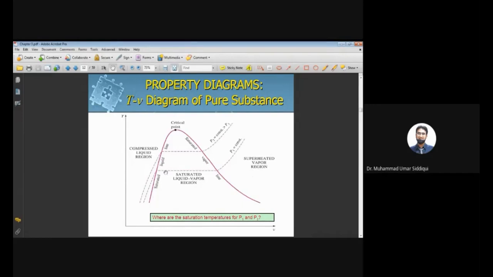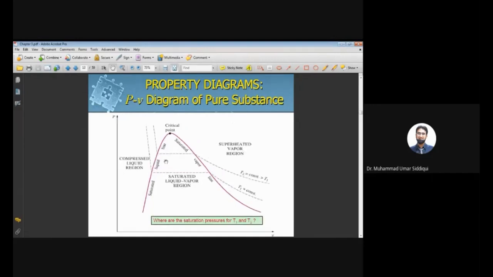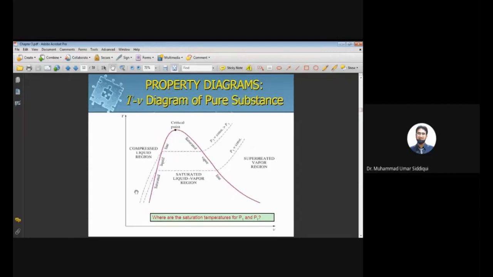Then we also discussed that this is a TV diagram. We can also have a PV diagram, and we said that temperature and pressure have an opposite relationship with respect to the specific volume. So the TV diagram and the PV diagram are very similar in nature, except that in the case of the TV diagram, the constant pressure lines are moving upward from the compressed liquid region to the saturated vapor region.